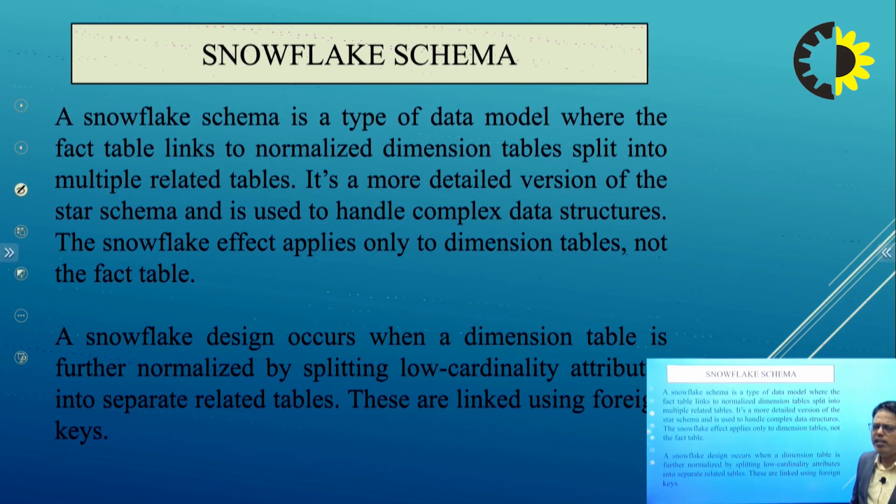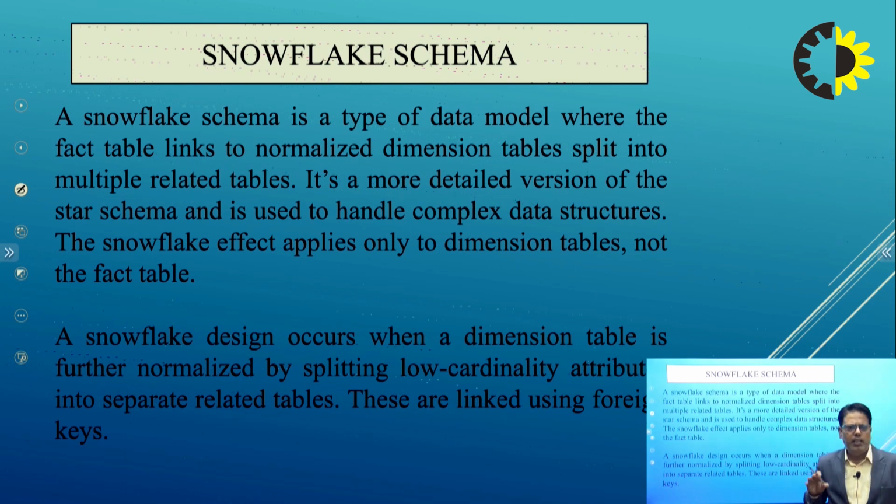Now the second schema and multidimensional architecture is the snowflake schema. Snowflake schema is a type of data model where the fact table links to normalized dimension tables split into multiple related tables.